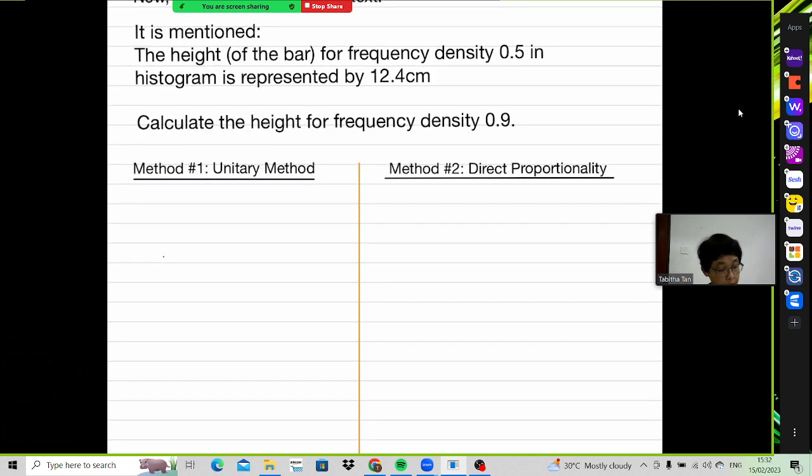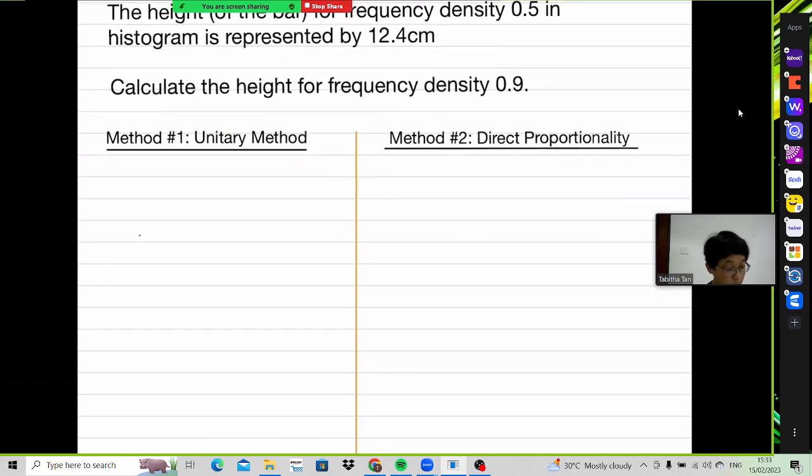Just use whichever method, but for the sake of learning, I'm going to demonstrate both methods. In this one, you find 1 frequency density, short form FD, represented by how many centimeters.